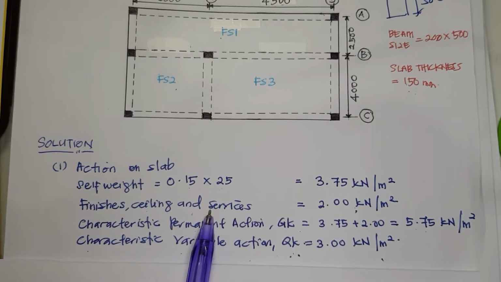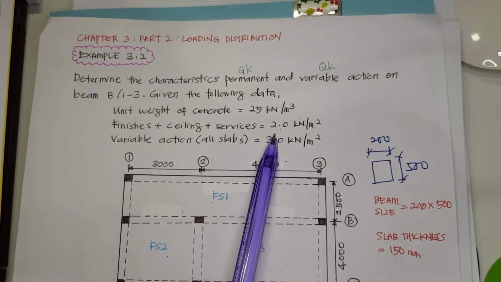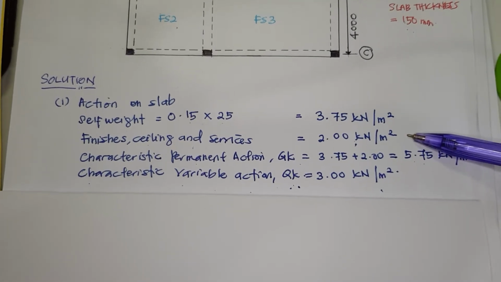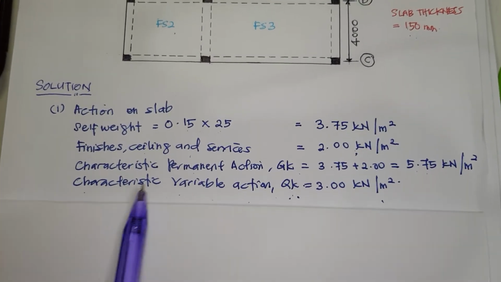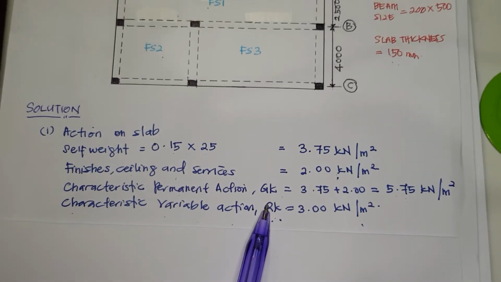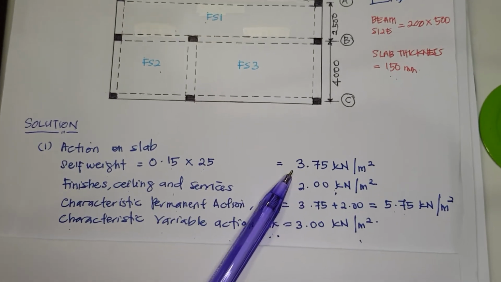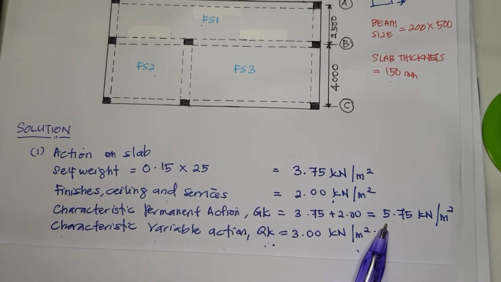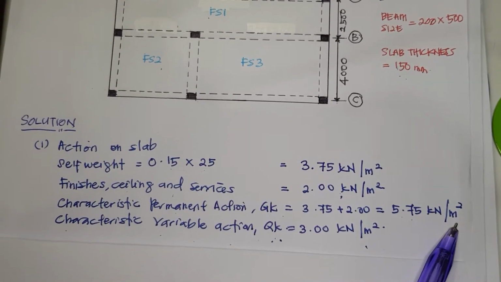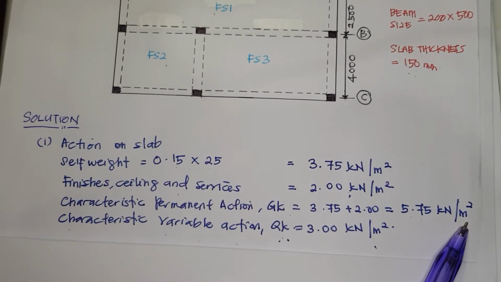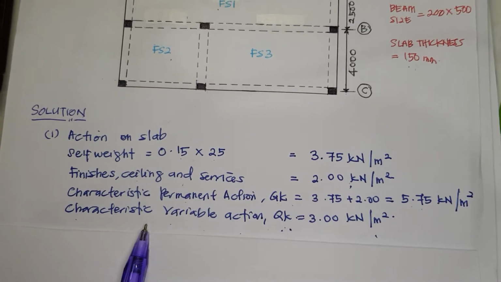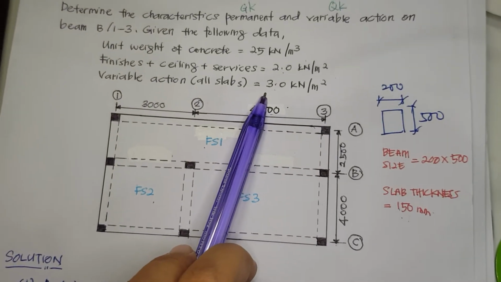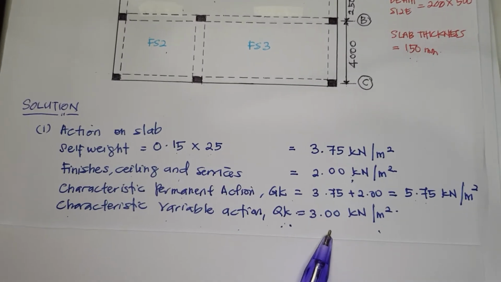Finishes, ceiling and services as given in the questions is 2 kN per meter square. And characteristic permanent action GK for slab is the total of 3.75 and 2 kN per meter square. The answer is 4.75 kN per meter square. Meanwhile, for the characteristic variable action QK given in the questions, 3 kN per meter square.